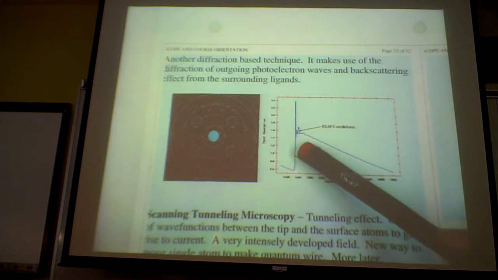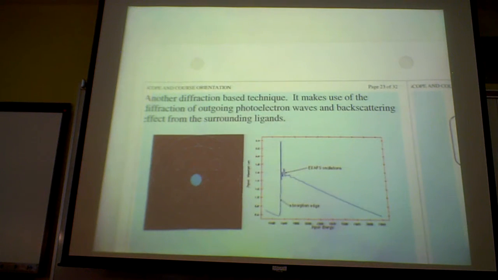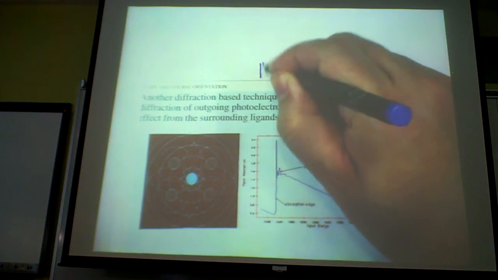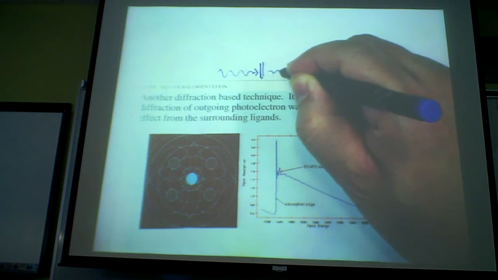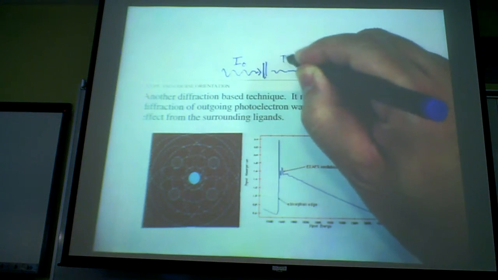X-ray absorption is actually like this. Instead of sending a UV photon, you send in X-ray, and then you measure what comes out. So really, you have material here, your X-ray comes in like this, and you measure the X-ray coming out, and you have I naught and I like this.